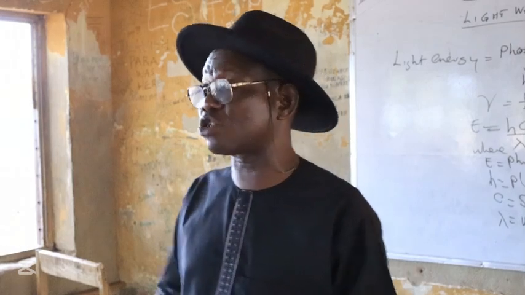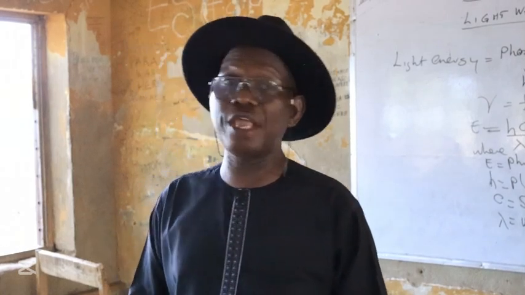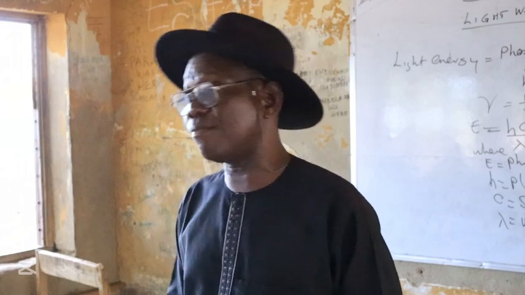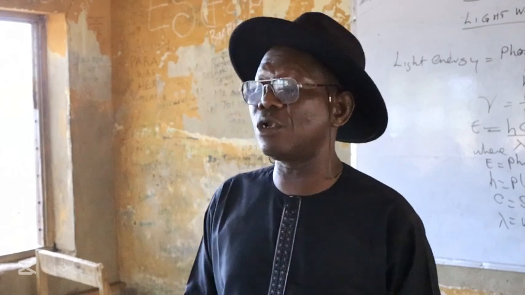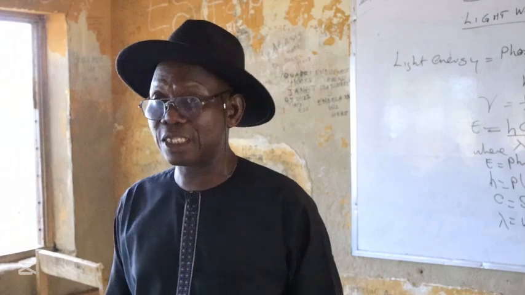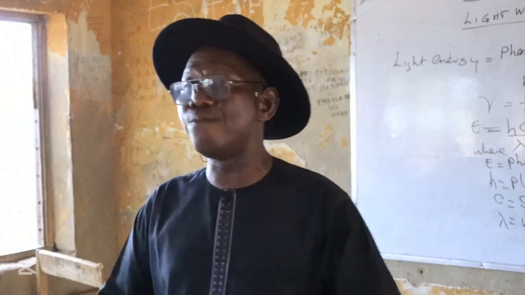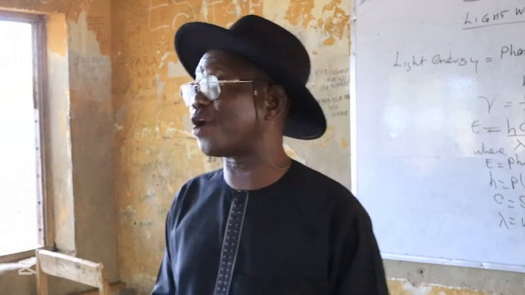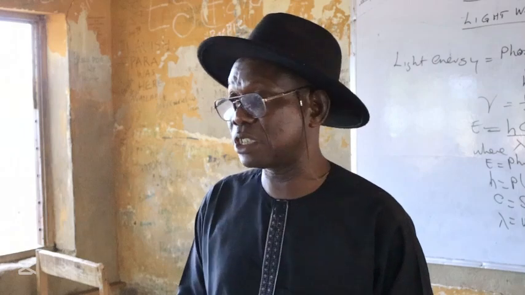Before you can say collection of something, you have more than one ray, which we call a beam of light. Some authors will say beam of light, some will pluralize it by saying rays of light. So we have beam of light, we have rays of light. What we call a beam is simply a collection of rays of light. I don't think that should be a big deal to anybody.